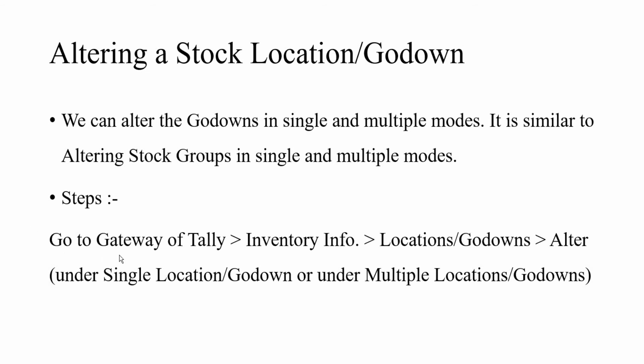Again, the procedure begins from gateway of tally. Whenever we go for writing the procedure, we have to begin from the gateway of tally. Gateway of tally, masters, inventory info, location / godowns. Then there comes out godowns menu. Under godowns menu, here comes out the alter option. This alter option is available in both the modes, that is single as well as in case of multiple mode. Now let's see the practical part of this in tally.